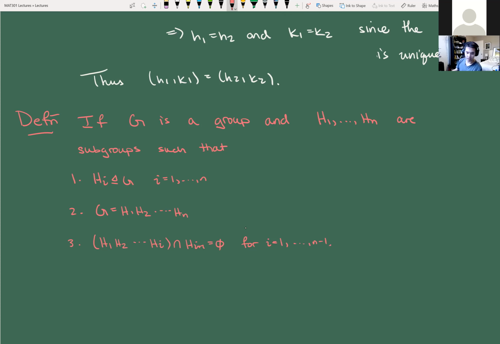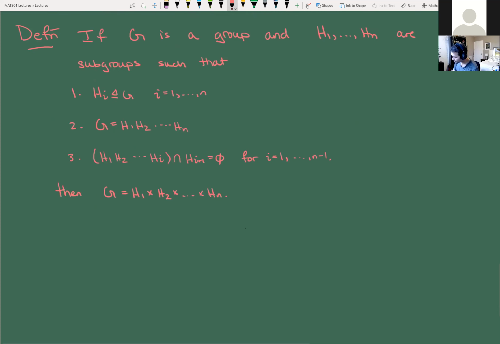Okay, and again, this is going to give us the uniqueness condition. So if this is true, then we say G is the internal direct product of H1 through Hn.